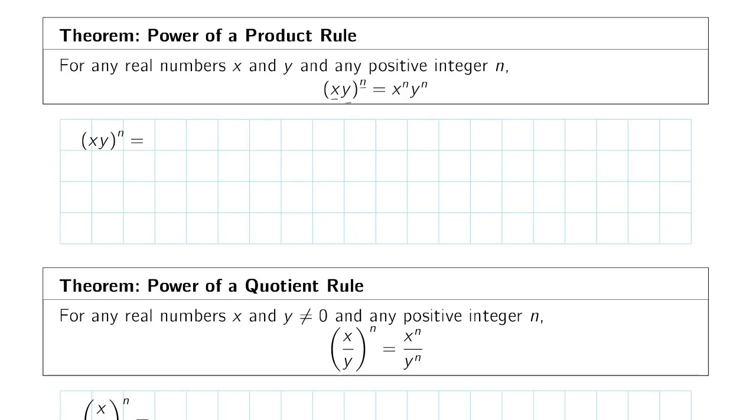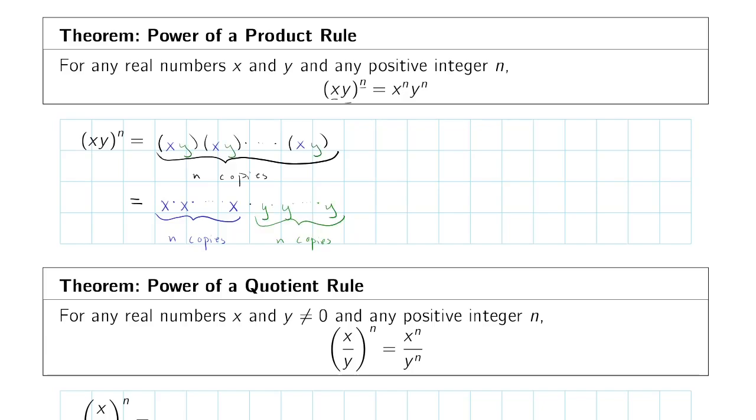Well, why is that? So we have x times y to the n power. That's x times y times x times y times more copies of x times y. That's going to just be n copies. But using the associative and commutative rule, right, we see that we have n copies of x, and we also see that we have n copies of y.